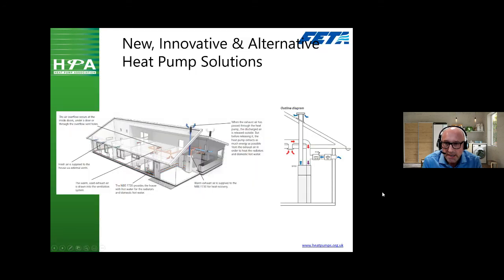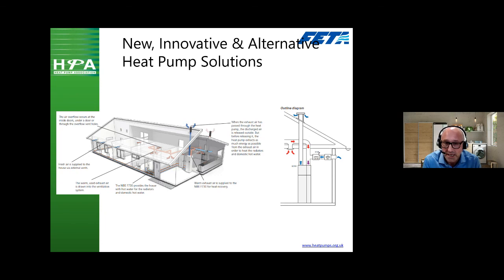So as homes become more and more insulated, then ventilation becomes an important factor, and there are various heat pumps out there which do work on ventilation as a heat source, and that could be for heating or hot water in a home if we get to passive house standards.